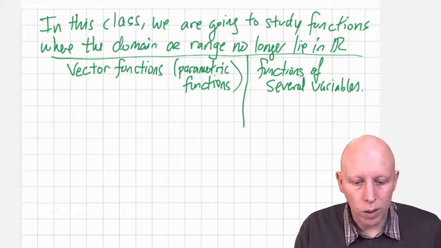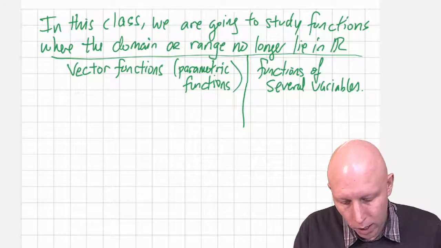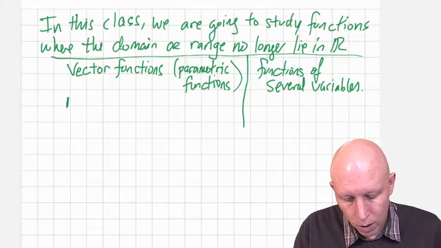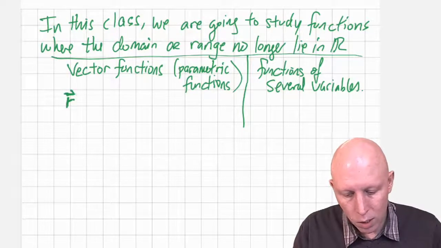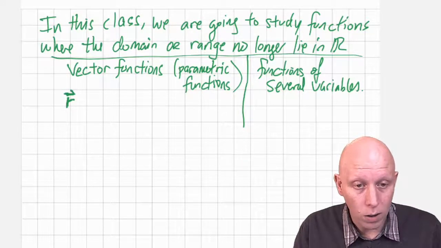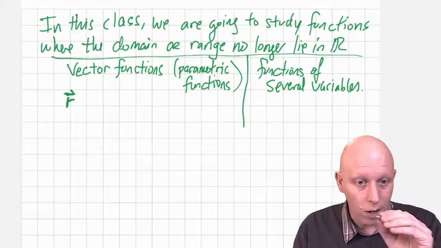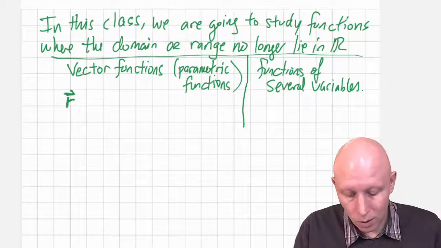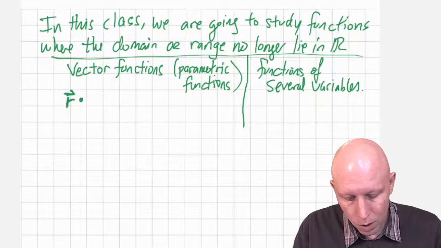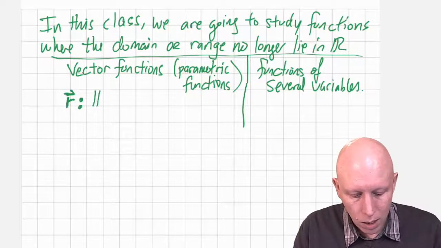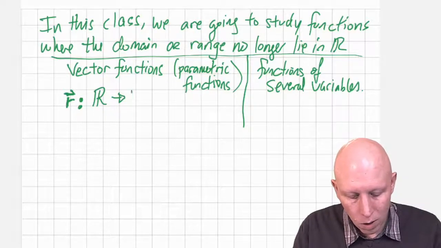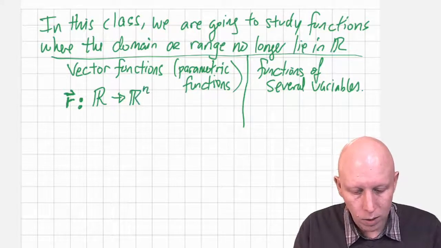So when we're talking about vector functions, we're going to have a function that the book likes to write as r with an arrow on it, instead of f, because it's a vector. Instead of going from R to R, it goes from R to R^n.